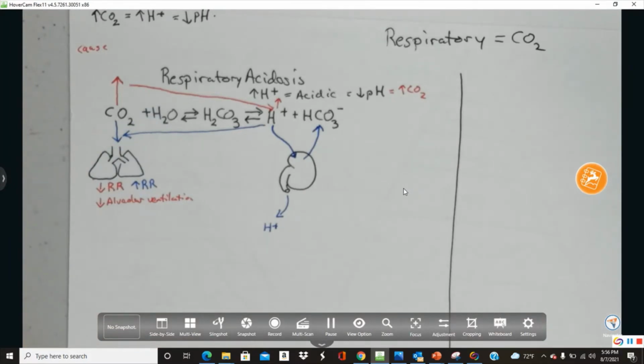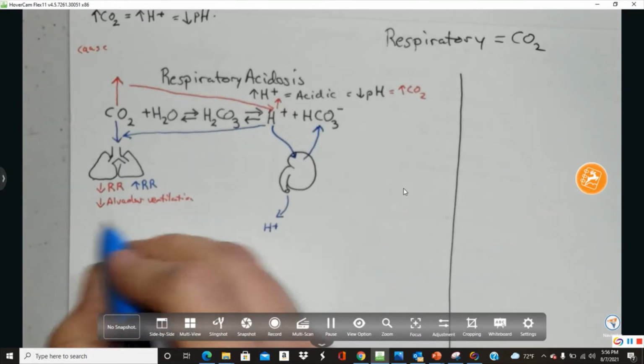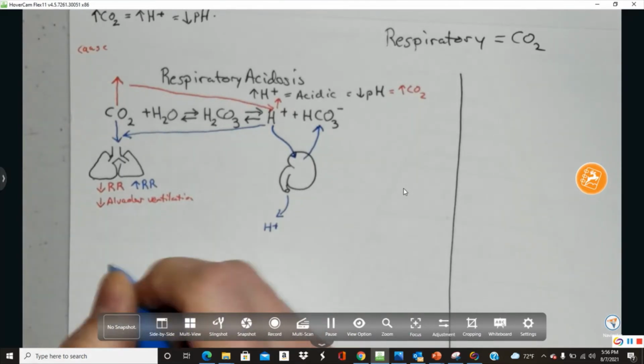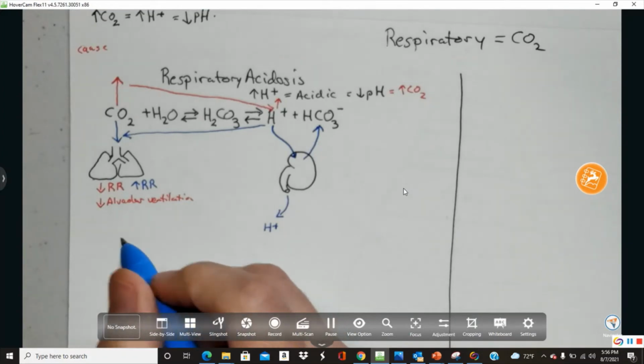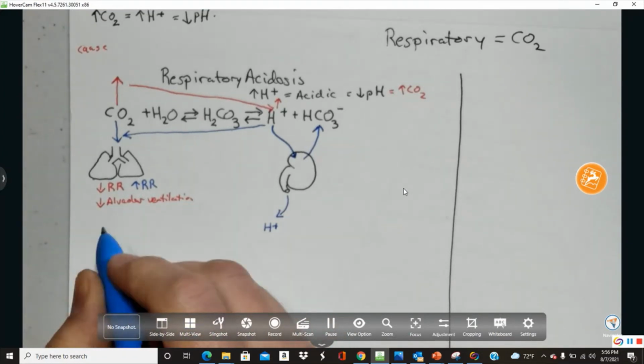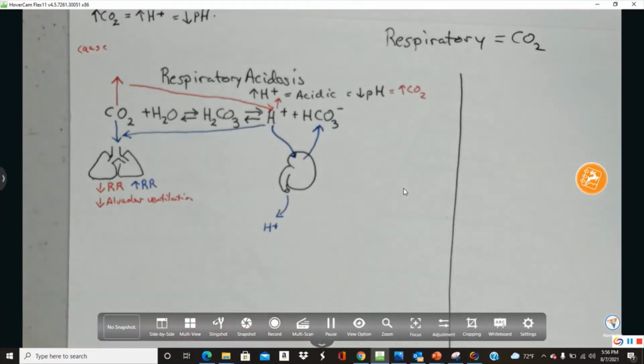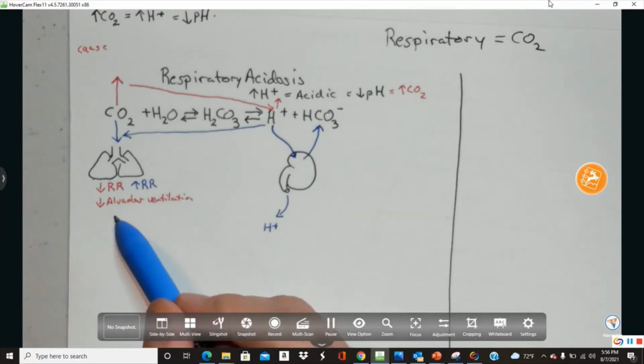Okay. Now, it may be that I need to put the patient on oxygen. So, for example, I may have a patient with COPD, something like that. If they have a chronic condition like COPD or emphysema, where you put them on oxygen, it took them a while to get that, or something happened very quickly that caused the respiratory rate to drop very fast.